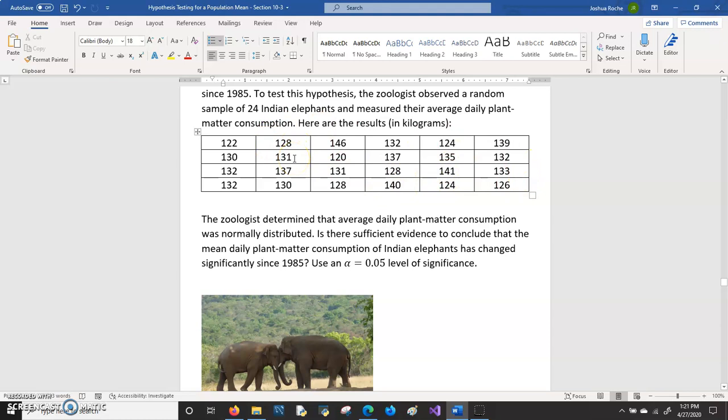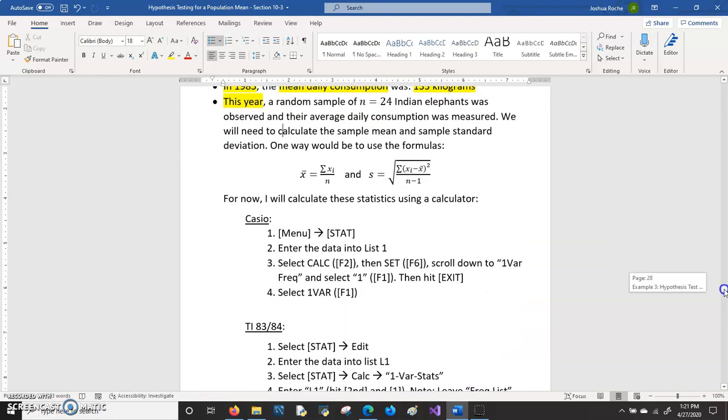This problem is a little different because in this problem you're given the actual data, and you'll have to calculate the mean and standard deviation from that data. So one way to calculate the mean and standard deviation would be to use the formulas. These are the formulas. I won't go through using those formulas in detail in this video. For now, I'm going to calculate these using a graphing calculator.